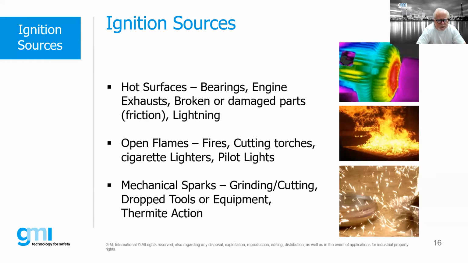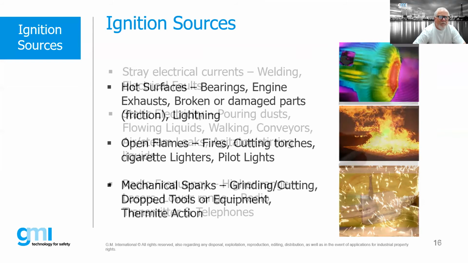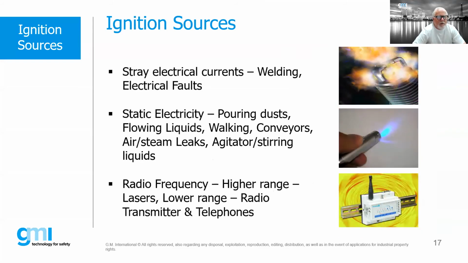There are some specific details in some of the relevant standards that say if we're using a product that has an excessive amount of, say, titanium in its composition, we have to take additional protective measures to take that piece of equipment into a hazardous area. So these are all things that we take into account that are addressed in some of the EX standards. Other things like stray electrical currents, static electricity.